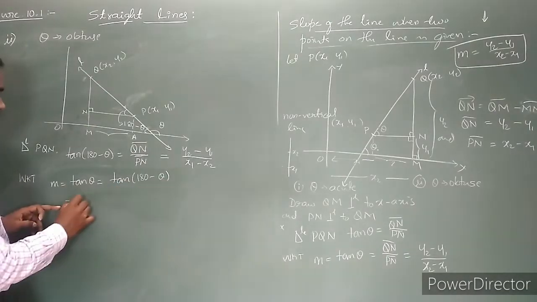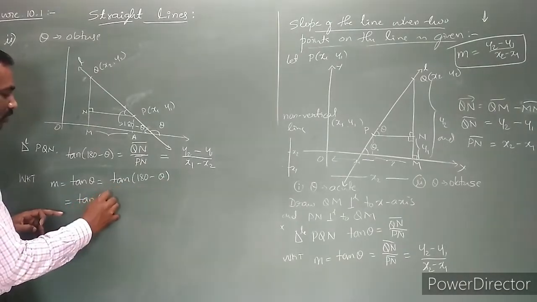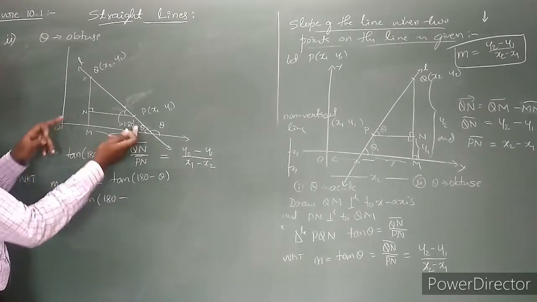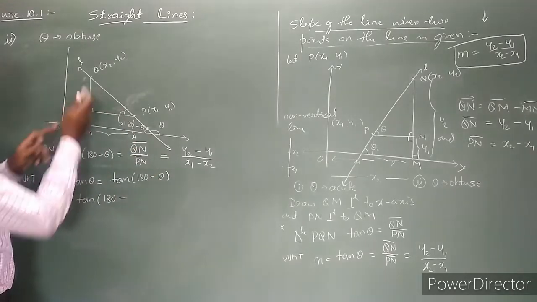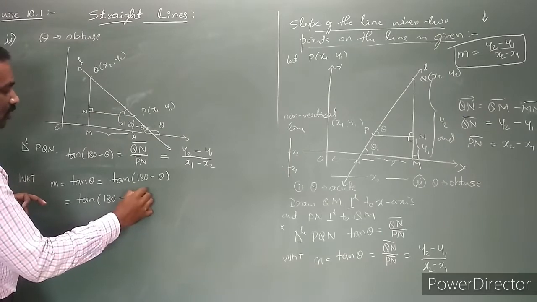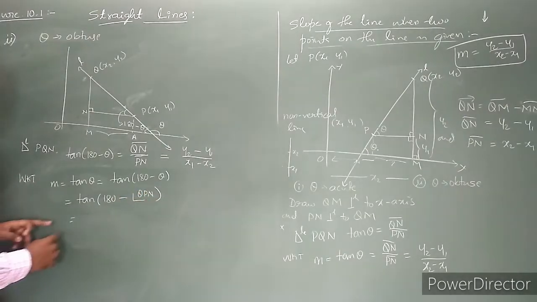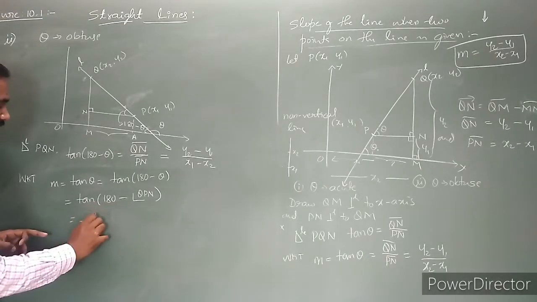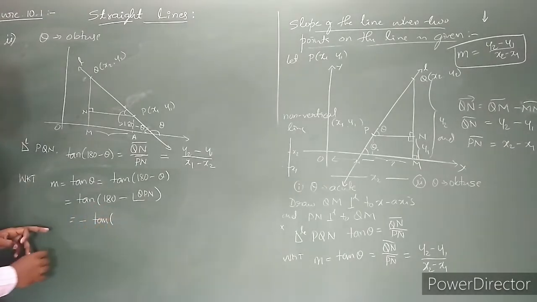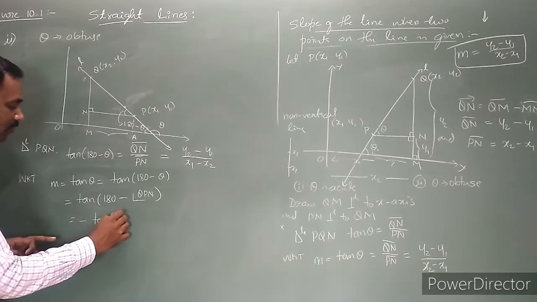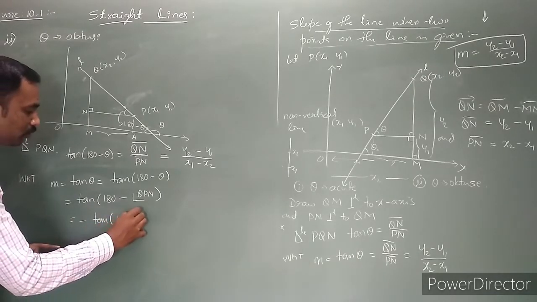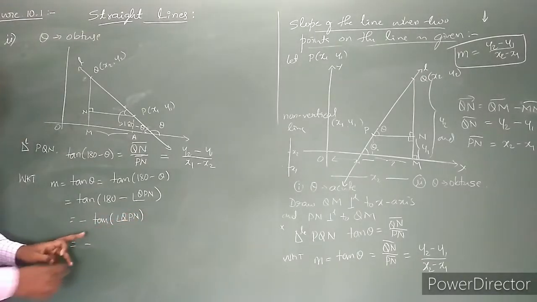This is nothing but tan of 180 minus, instead of this theta I just write angle QPN. Now simplify. Tan of 180 minus theta is how much? Minus tan of theta, minus tan of angle QPN. So this is minus as it is.